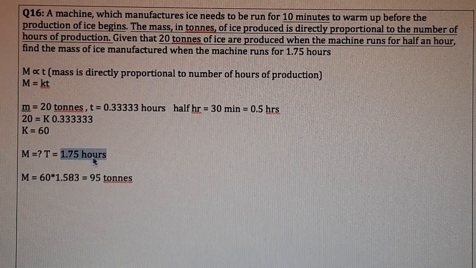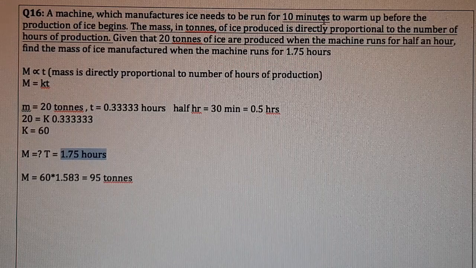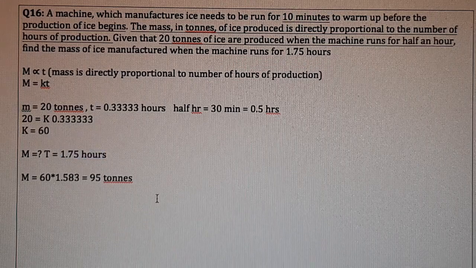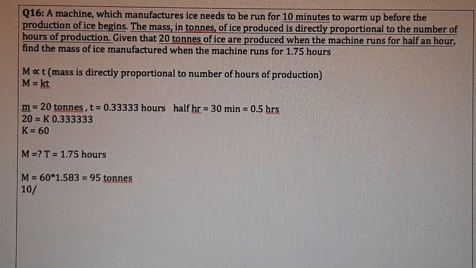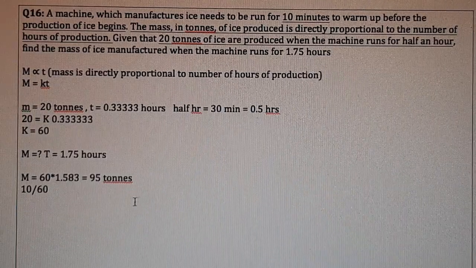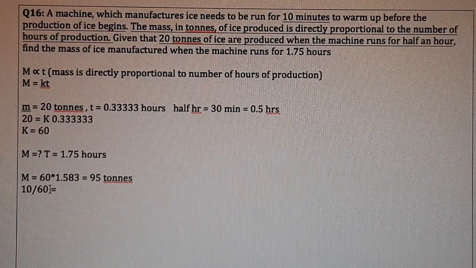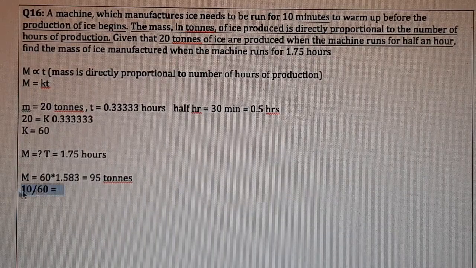So 10 minutes will be subtracted from this 1.75 hours. You have to convert this 10 minutes into hours, and you can do so: that is 10 divided by 60. This will give you the time in hours against 10 minutes.